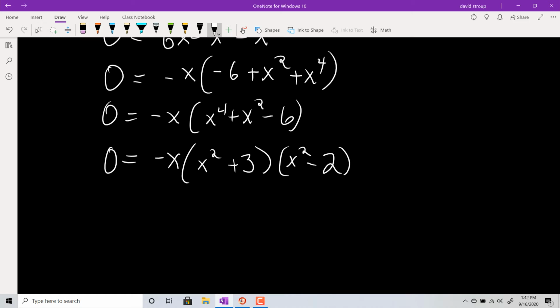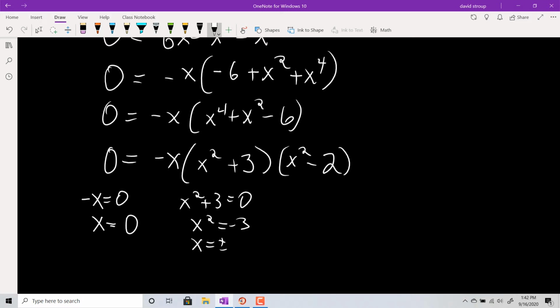And then I can find the zeros. You take each part and set it equal to 0. Negative x is 0, so multiply both sides by -1, and you get x is 0. x squared plus 3 is 0, so x squared equals -3. We're only looking for real solutions, so this factor won't have any.